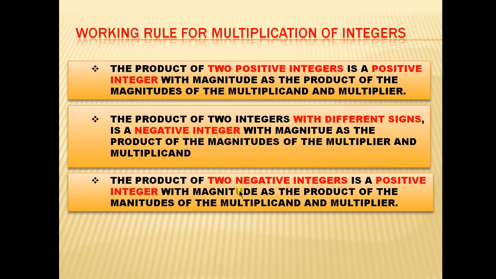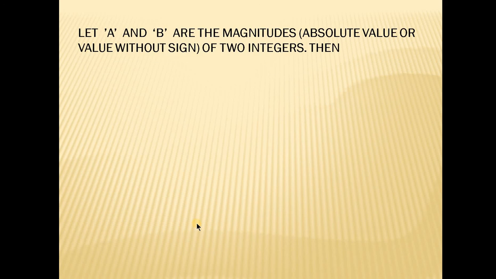And thirdly, the product of two negative integers is a positive integer. Okay, this is all known to you and you have understood that. Again, I reiterate, let A and B be the magnitudes. I am only writing the magnitudes, no signs assigned to them, which we also call absolute value, or value without sign, of two integers.